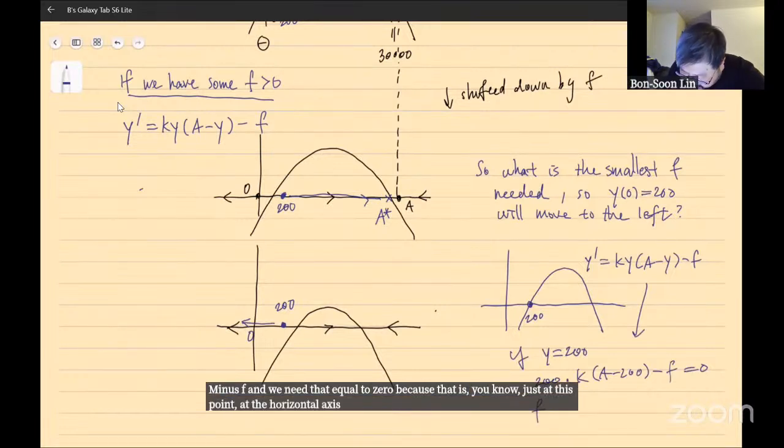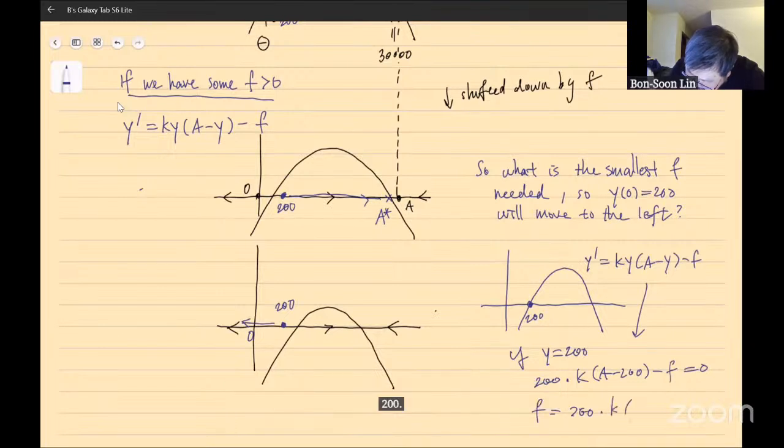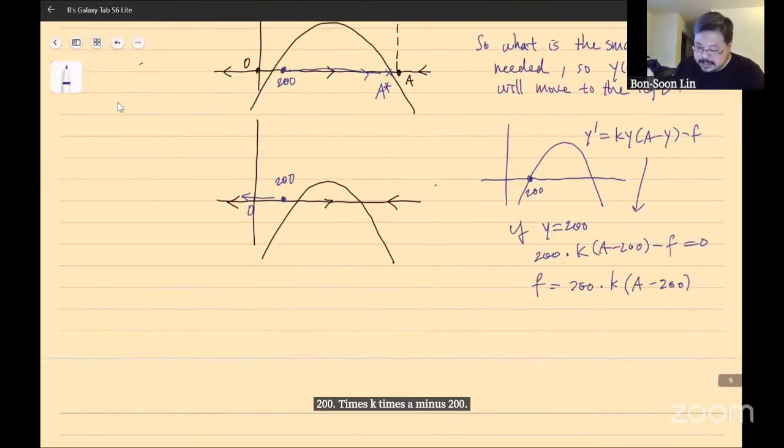So f, the firefighting effort, is equal to 200 times k times (A minus 200). That's the minimum amount of f that we need.